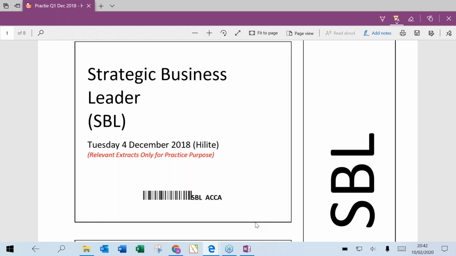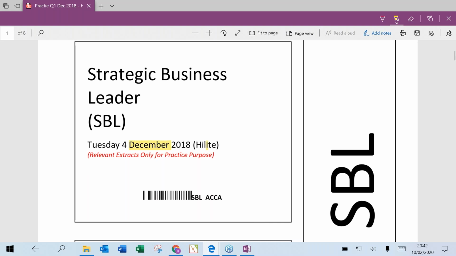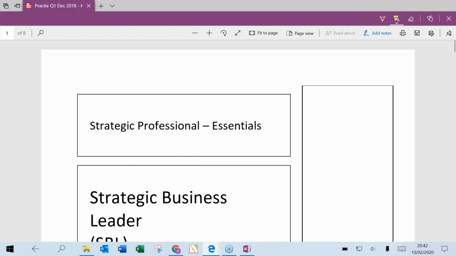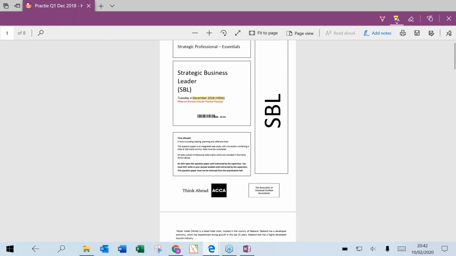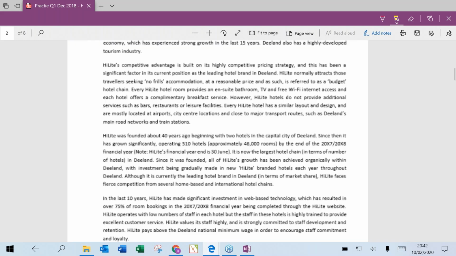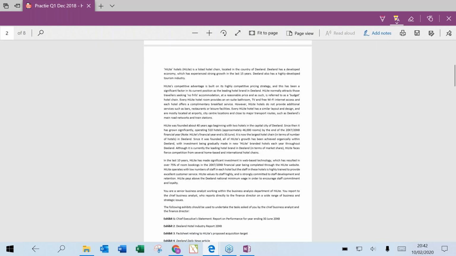So guys, this is the actual SBL paper for December 2018. It's called Highlight Company, and I've given some relevant extracts only. This is how your actual paper will look. It's actually horrifying. Do you see this? The first thing you will see is an introduction.